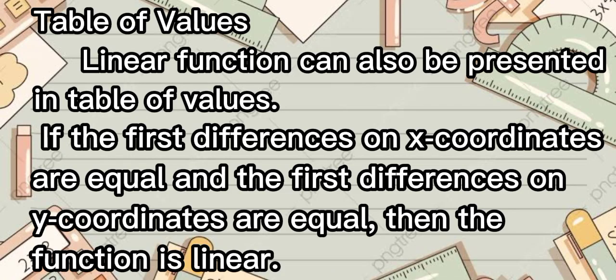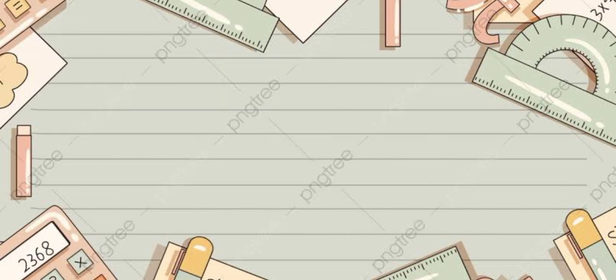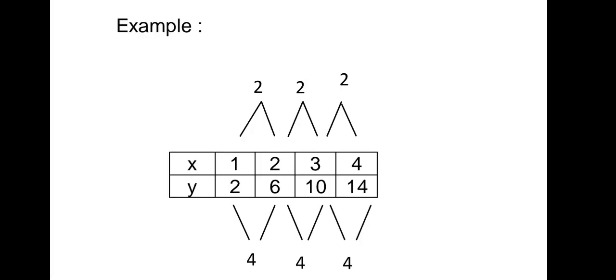Table of values. A linear function can also be presented in a table of values. If the first difference on the x coordinates are equal, and the first difference on the y coordinates are equal, then the function is linear. For example, we have here a set of ordered pairs.